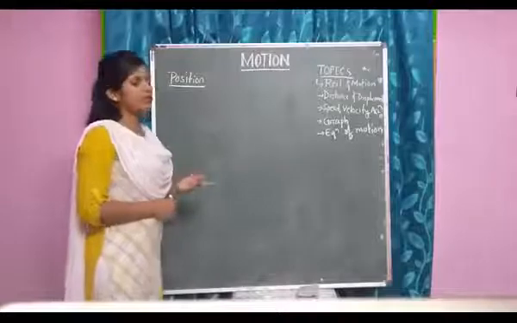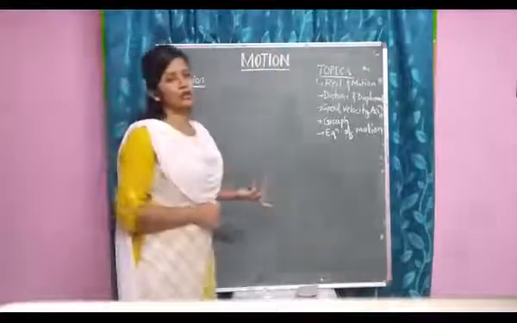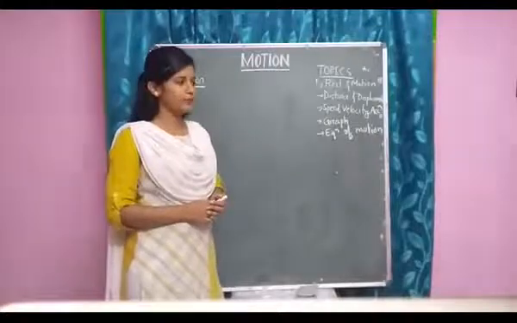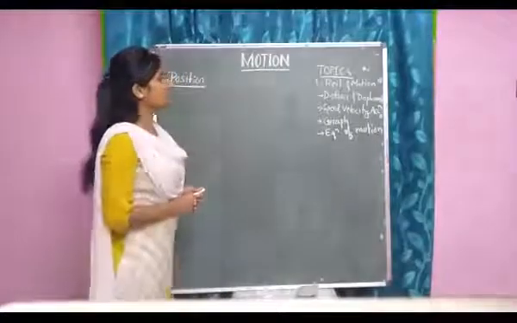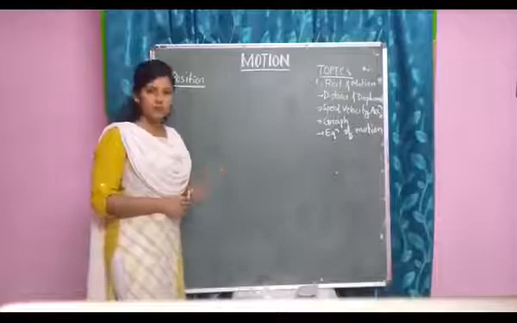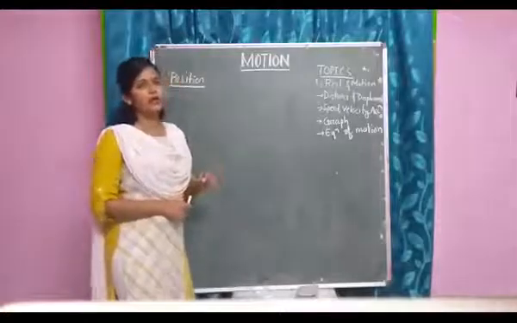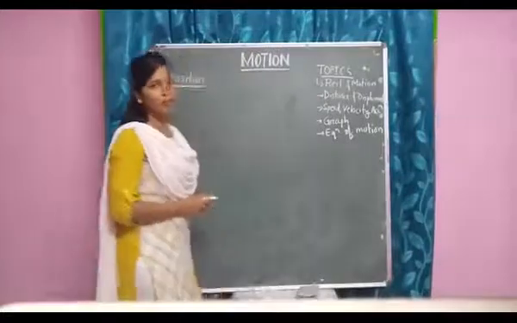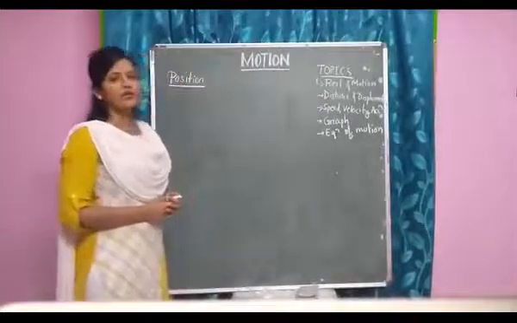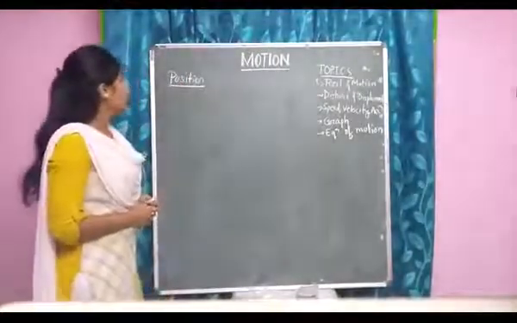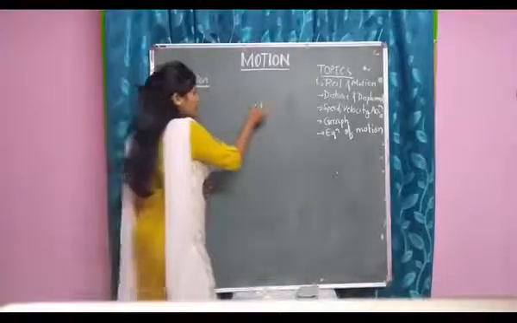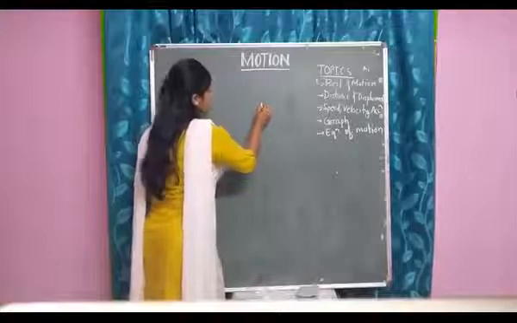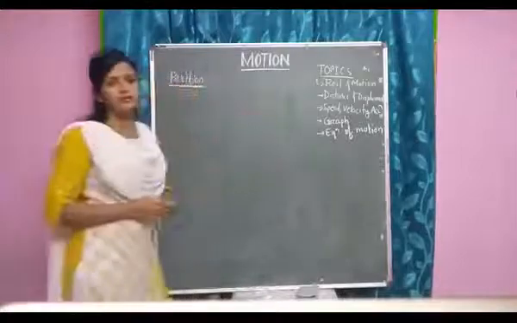So whether a body is at rest or in motion depends upon the observer. The observer has to take a reference point, and from that point he has to study the motion of the body. Suppose we take the example of an ant. Suppose there is an ant and its position is at this point.